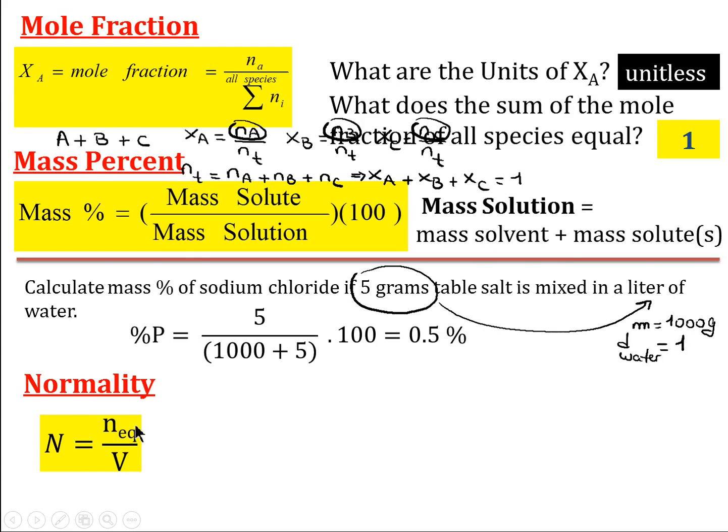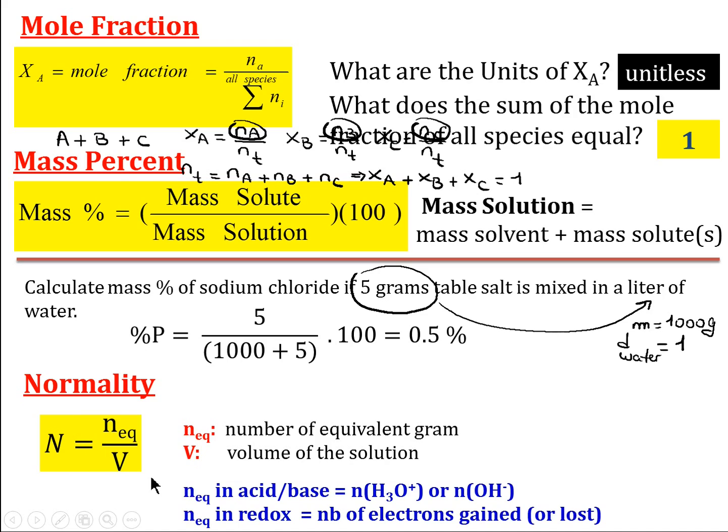We can express also the solution according to its normality, and by definition the normality is equal to the number of equivalent grams divided by the volume of the solution. N equivalent is the number of equivalent grams, and V is the volume of the solution. In case of acid, if you have acid in a solution and you are searching the normality of the solution, the number of equivalent is the number of moles of H3O+.